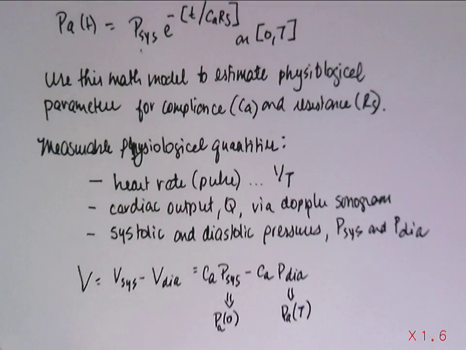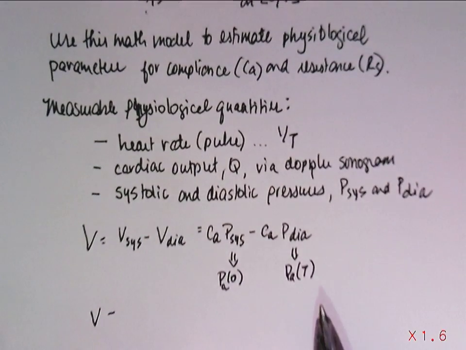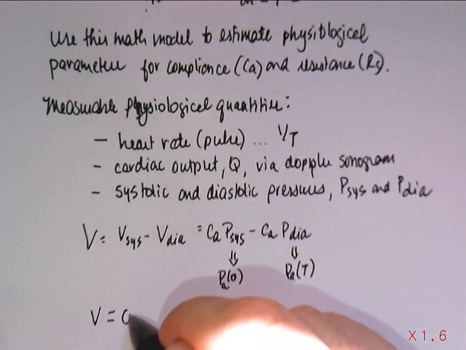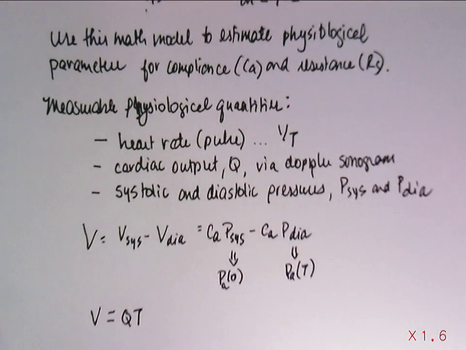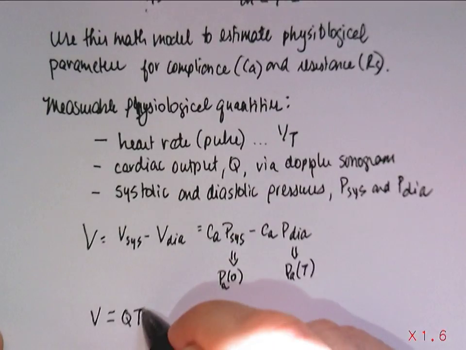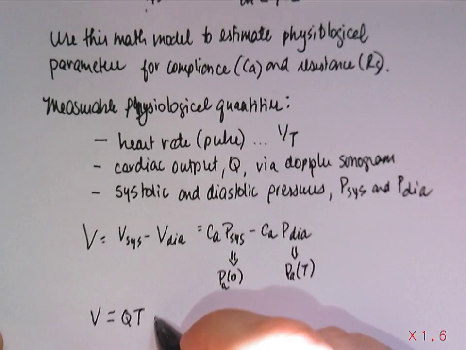So, therefore, since we know that the stroke volume V can be thought of as cardiac output times the time period T, right?